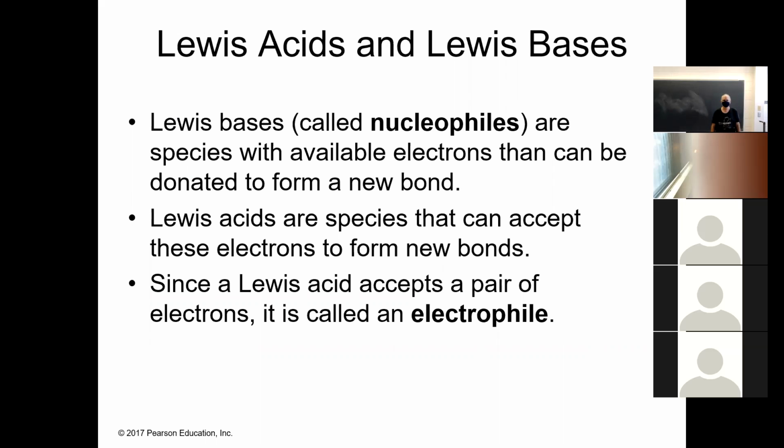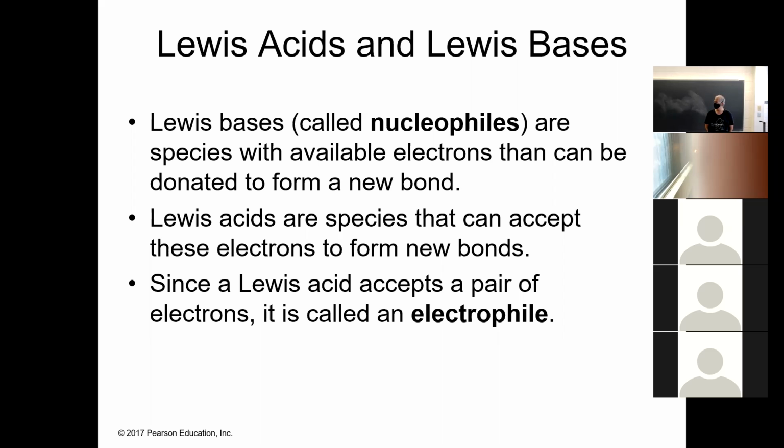This is actually going to be a major concept all throughout the course, and that's Lewis acids and bases. Lewis bases, also called nucleophiles, are species with available electrons that can be donated to form a new bond. Lewis acids are species that can accept these electrons to form new bonds.